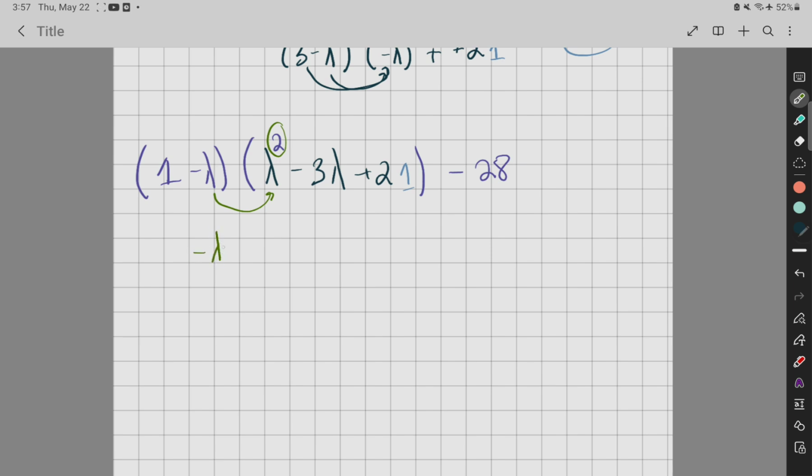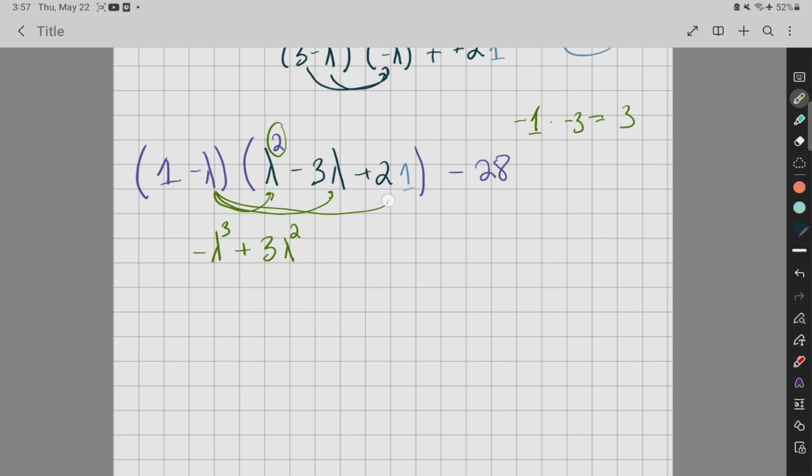So minus lambda to the 3rd power. And then minus lambda times minus 3. So this is saying minus 1 times minus 3. That's just 3. Okay? So add 3 lambda squared, because they both have 1 power to them.